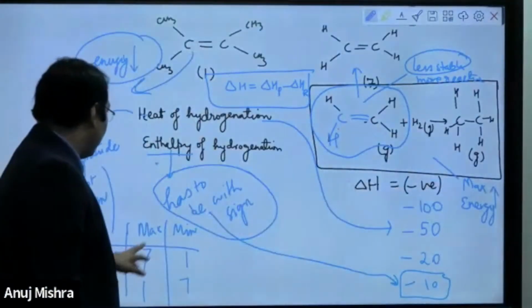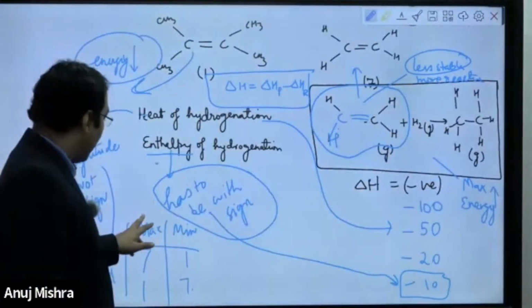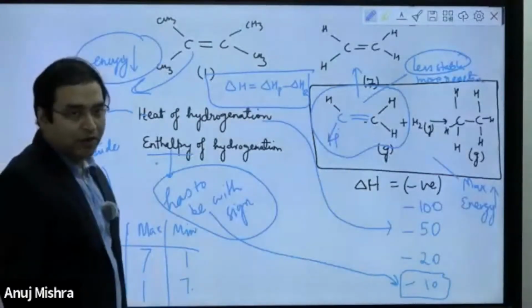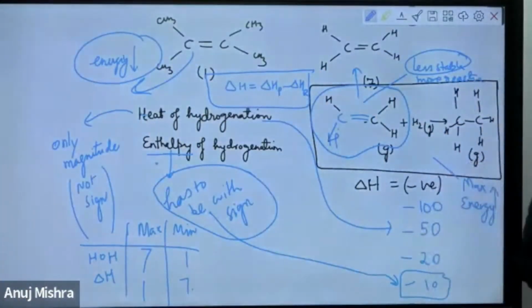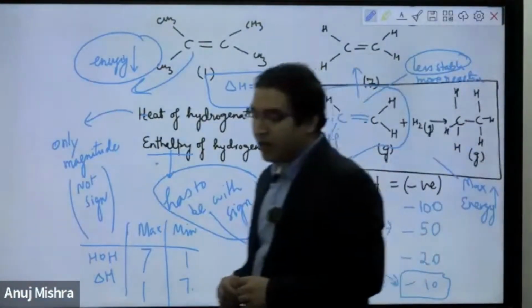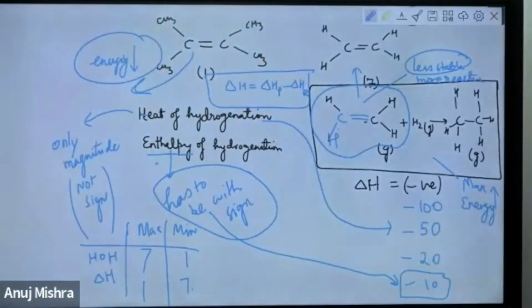Its delta H will be minimum, and heat will be maximum. Vice versa for the other. So for both hydrogenation and combustion, the same approach works and you can answer both. Is it okay? Chinmay, Niharika and Nadia, is it clear? Yes, sir. All right, please complete it, then we proceed further.